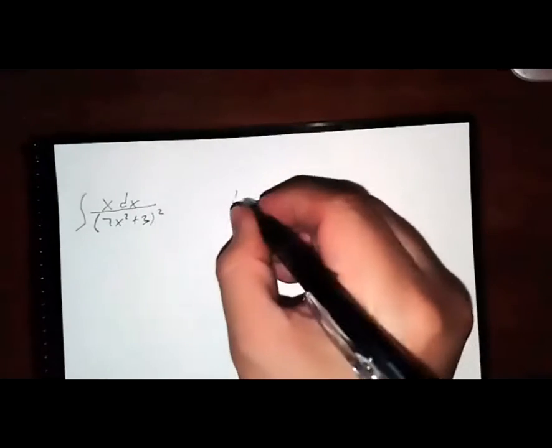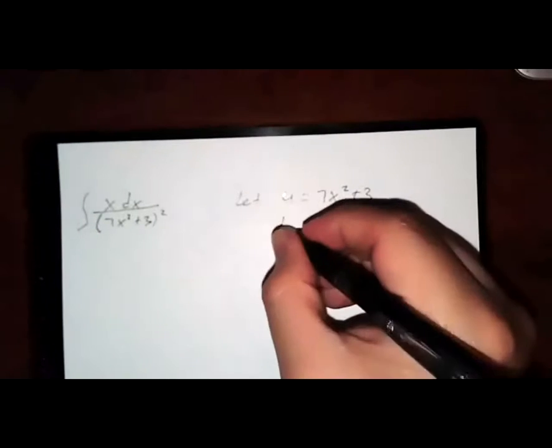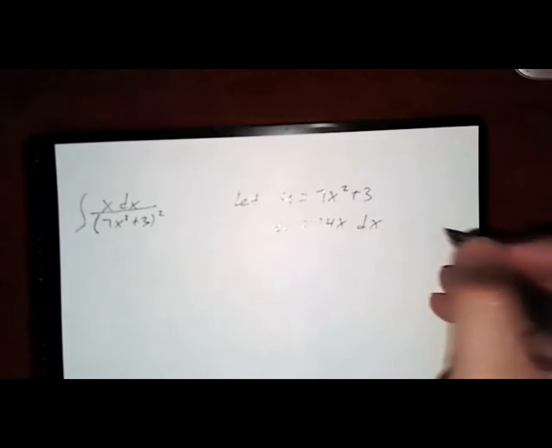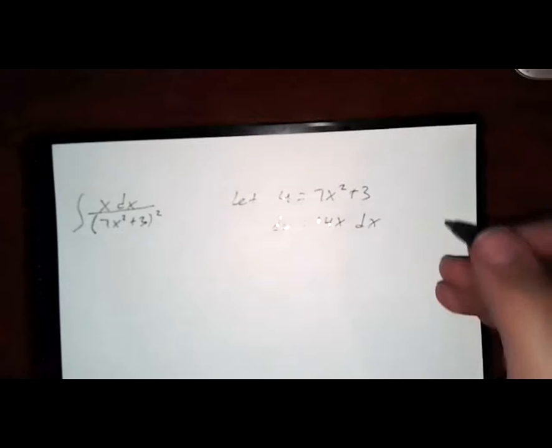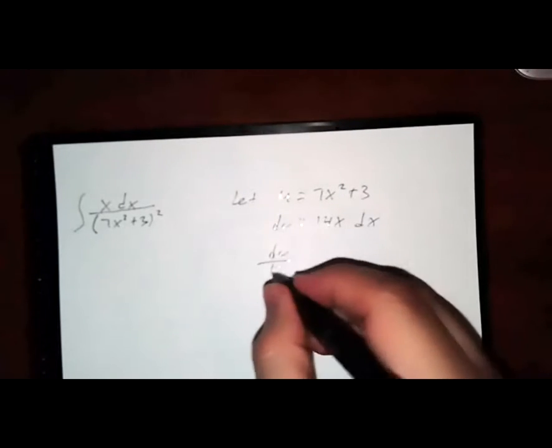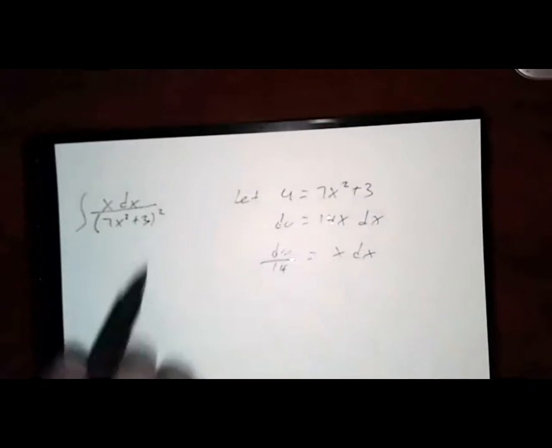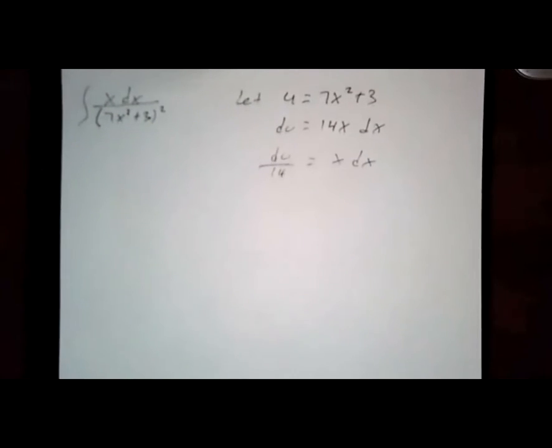So let's try it out, see if it works. So let u equal 7x squared plus 3. du will be simply 14x dx, right? There is no 14, so du over 14 is equal to x dx. So that'll replace the top part, right?